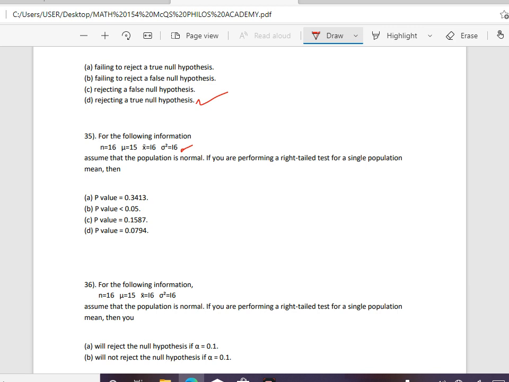To find the p-value, the population standard deviation is known, so we are finding z. So we have 16 minus 15 divided by, we have a variance, so to convert it to standard deviation, it will become square root of 16, divided by root n.